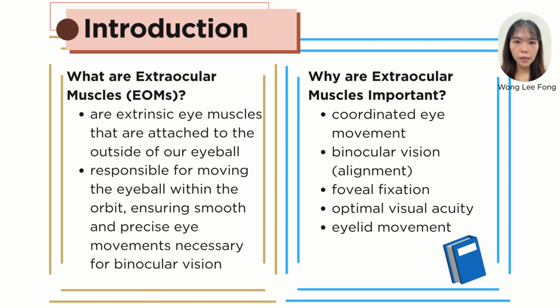But together, all these muscles allow the eye to move in a precise and coordinated way, essential for activities like reading, following moving objects, or even simple actions like looking around the room.